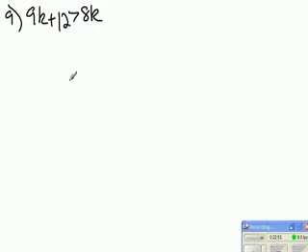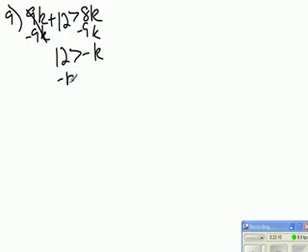Moving to number 9. On number 9, we have 9k plus 12 is greater than 8k. We want to get my k's all together, so I'm going to subtract 9k's. Those will cancel. I get 12 is greater than negative k.